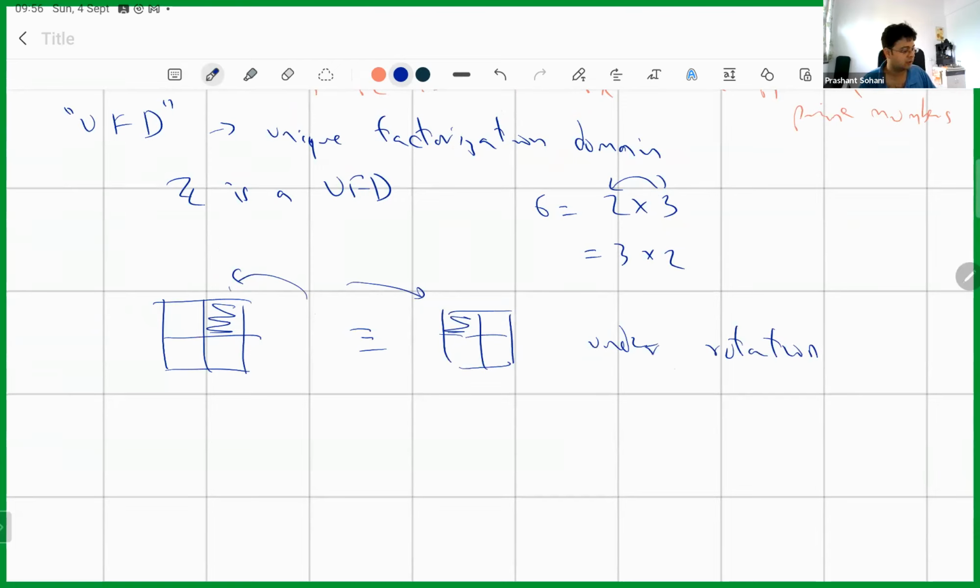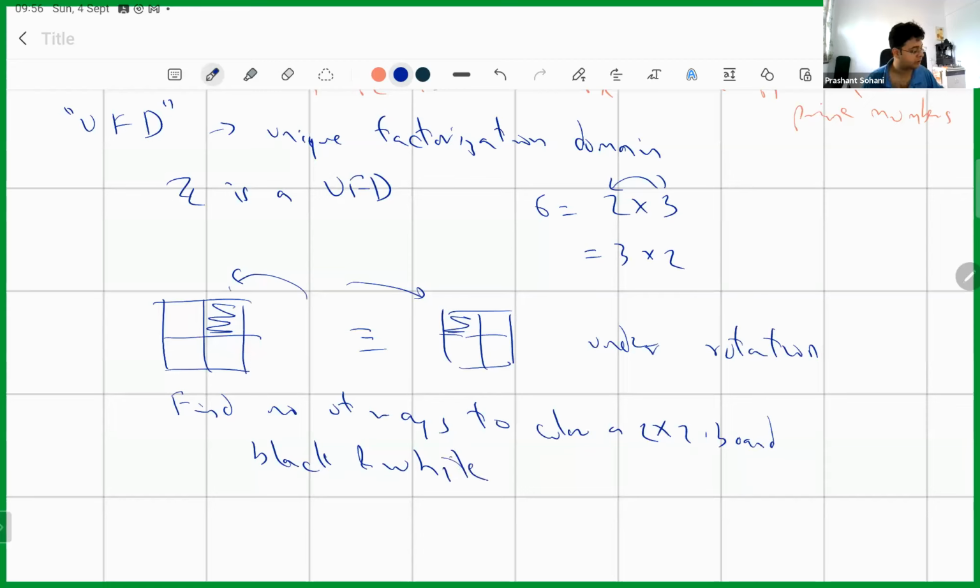If I ask you the question, find the number of ways to color a 2x2 board black and white, here I can say find the number of unique ways up to rotation.